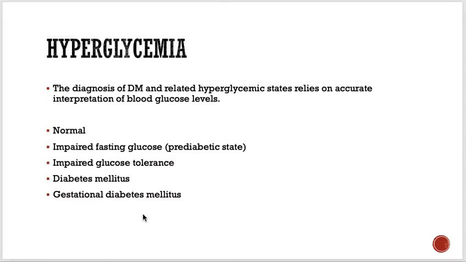But many females who have gestational diabetes mellitus are at increased risk of developing diabetes mellitus later in life. So when a woman develops gestational diabetes mellitus, after delivering she has higher chances of developing diabetes mellitus.